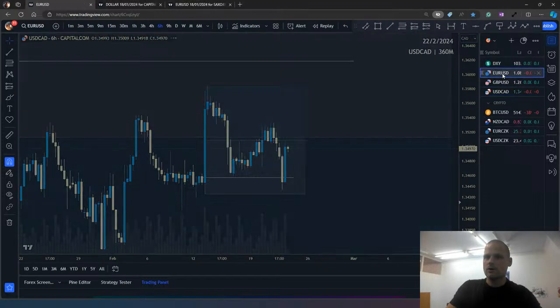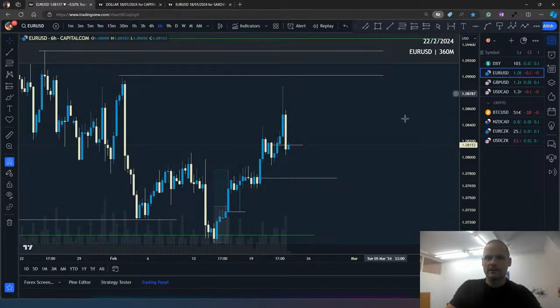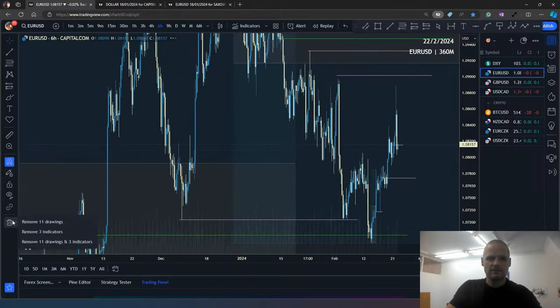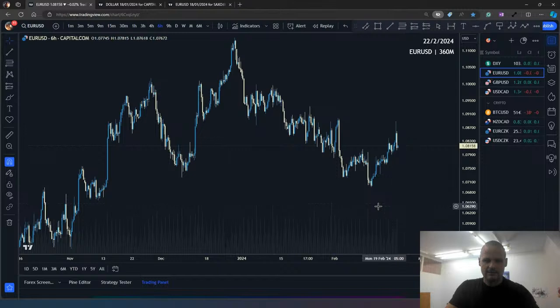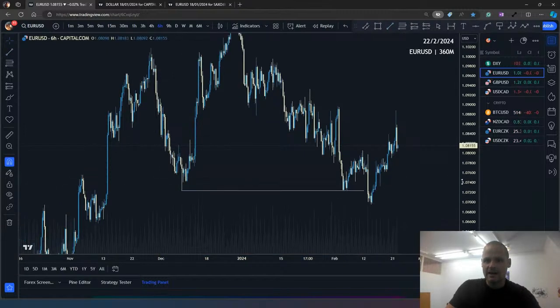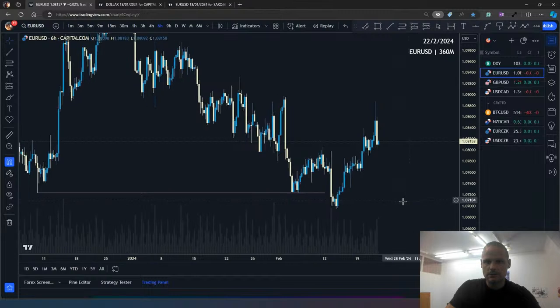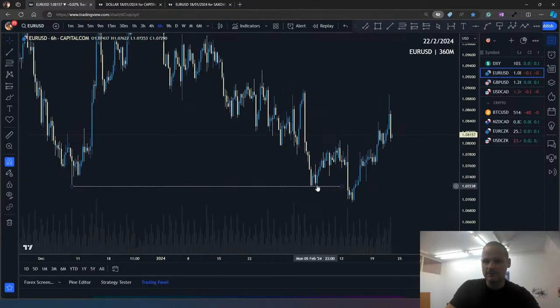Let's look to the euro, and also in here, let me delete all of this again, right? And also in here, as I was speaking about this double bottom, double top, right? Look at this, exactly. It was left there on purpose, right?